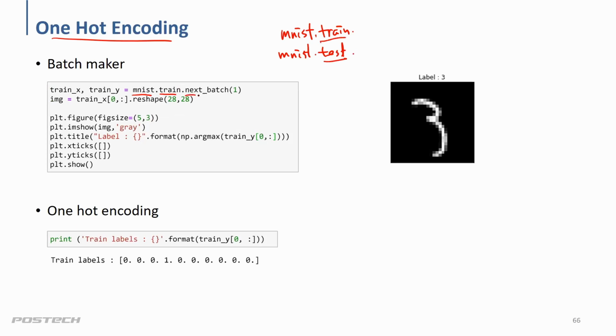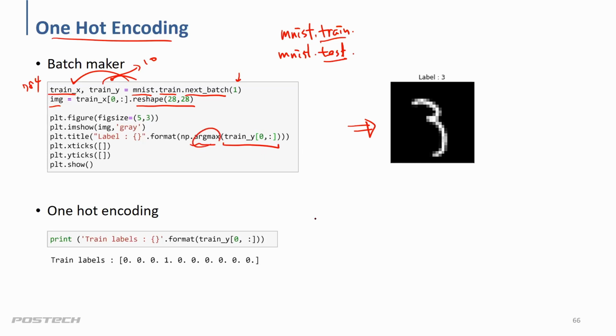For training, next batch means that in the training data set, it's gonna pick one randomly and put it in the X and Y. And we know the shape, right? And this one is say 10 because it's one-hot encodings. So I'm gonna reshape it to 28 by 28 to plot it. And the Y values are one-hot encodings, and I'm gonna just say argmax.